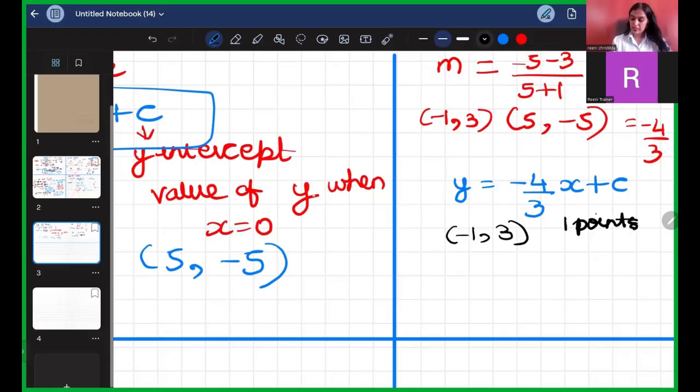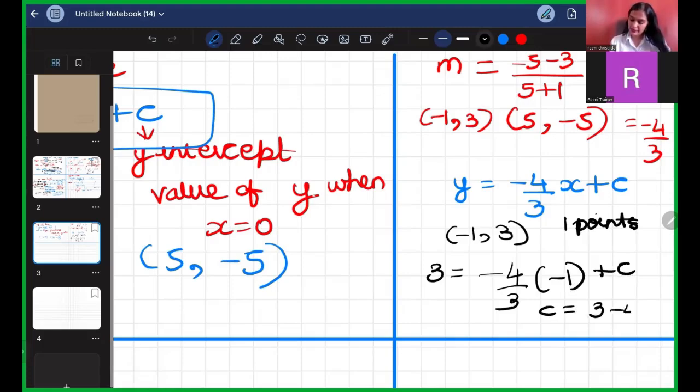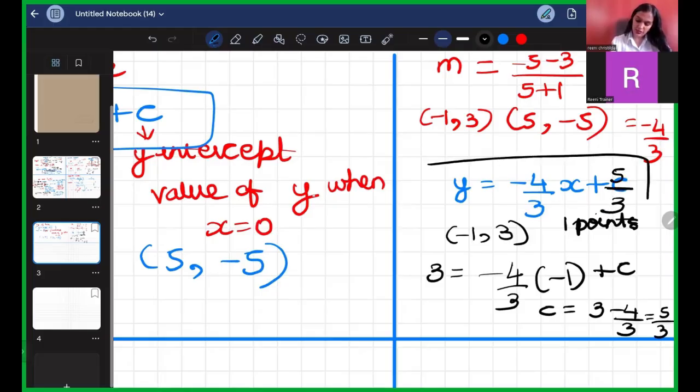Let's substitute this: 3 is equal to -4 by 3 into -1 plus c. So c is 3 minus 4 by 3, which gives me 5 by 3. Now we have the y-intercept, which is 5 by 3. This is the equation of the line.